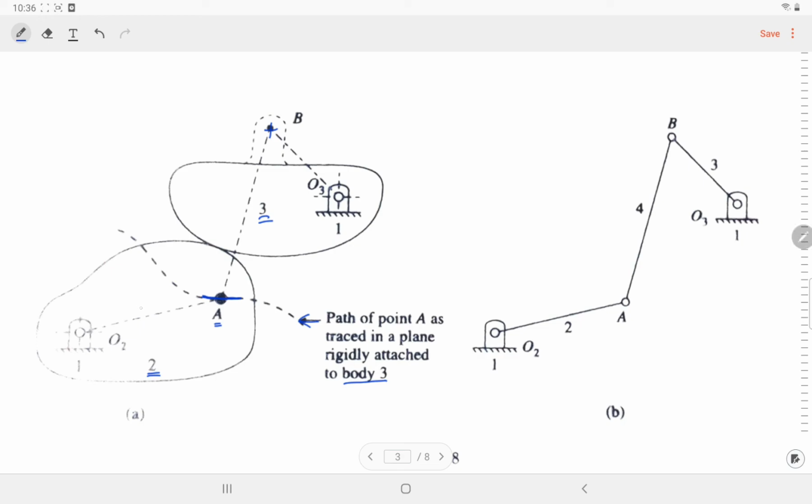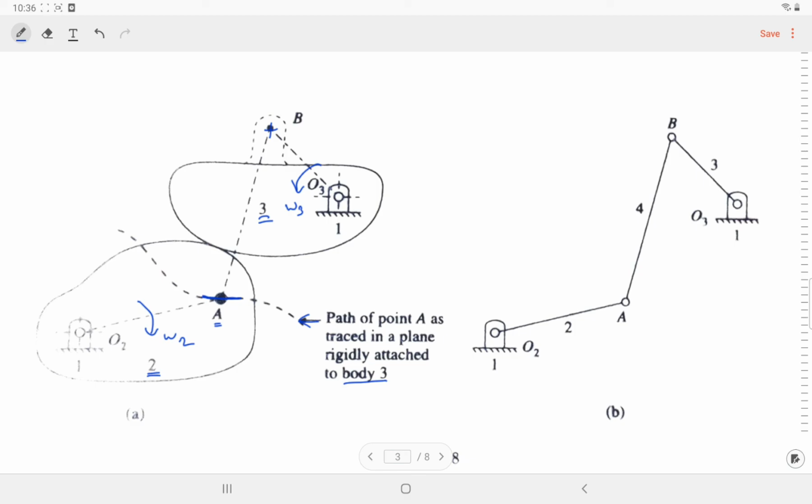For example, if this is my omega 2, what is my omega 3? It will be in this direction, or whatever. So it doesn't matter what kind of equivalent linkage you are coming up with, everything will give the same solution.